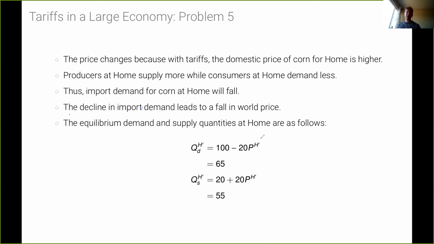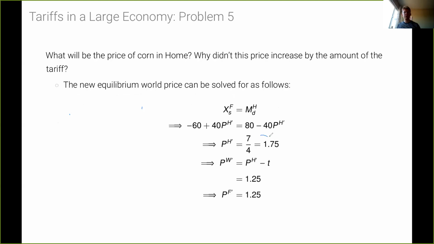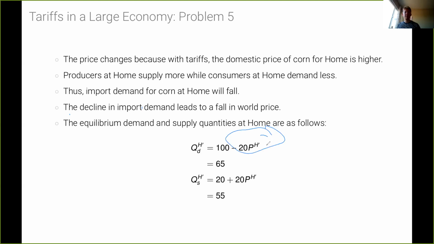And so the new equilibrium supply and demand quantities at home are as follows. We can just plug in for what the new price at home is going to be, which is going to be 1.75. And so that's going to give us that home is going to demand 65, and they're going to supply 55 units.